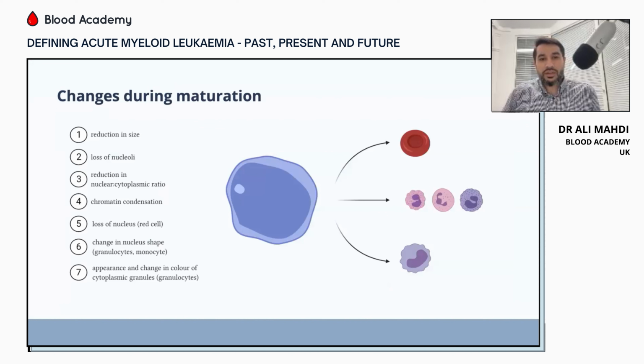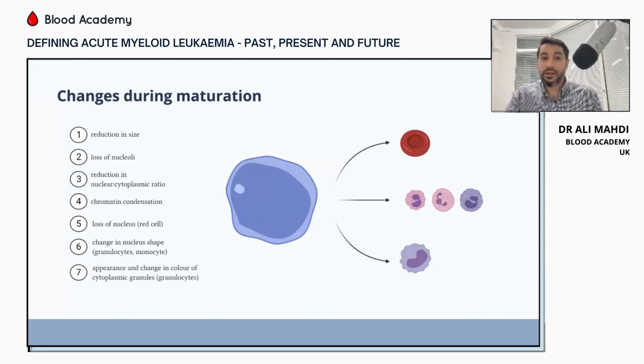To define a blast, it's always important to understand what happens during normal maturation of cells. So blast cells are essentially very immature cells, and they are normally found at low number, and they will mature into more mature cells. And during that maturation process, there are various different processes that occur to that cell. So we have a reduction in the cell size. There's a loss of nucleoli, so these pale centers found within the nucleus. There's a reduction in the ratio of nucleus to cytoplasm. The chromatin of the nucleus becomes more condensed.